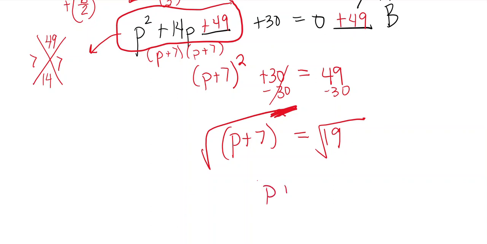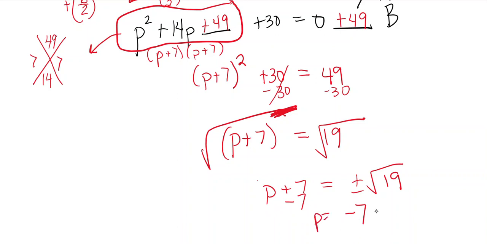So now we've got p plus 7 equals plus or minus square root of 19. When we take the square root to solve an equation, we always have the positive or negative root. Last step to solve for p, only one step to get p by itself, and that is to subtract 7 from both sides. We're going to put that rational negative 7 in front.